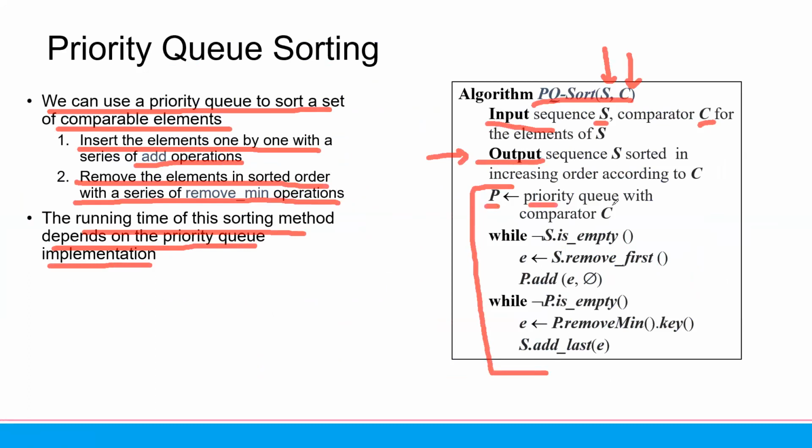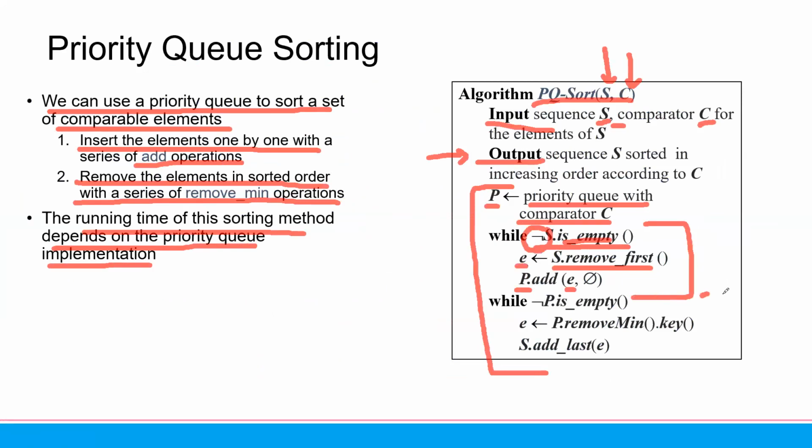Let P be the priority queue with comparator C. While S is not empty, where this symbol is negation, let's remove the first element, call it E, and add E into P. This will be a loop.